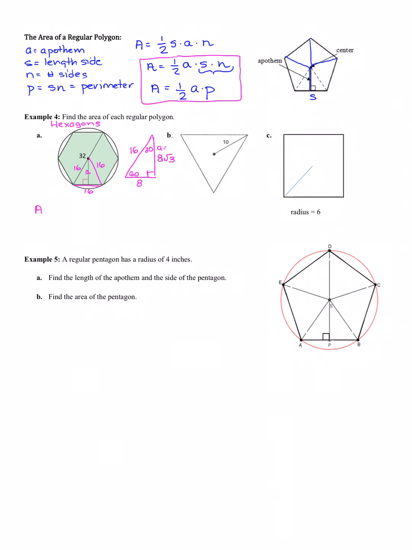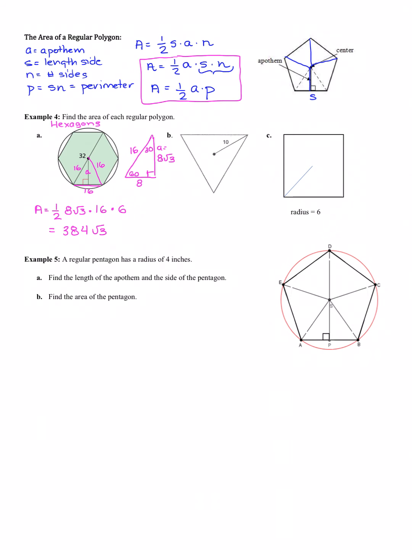So the area of this is 1/2. My apothem is 8 rad 3. The length of a side is 16, and the number of sides is 6. And when you multiply all that lovely stuff together, 4 times 6 is 24. 24 times 16 is going to give me 384 rad 3.